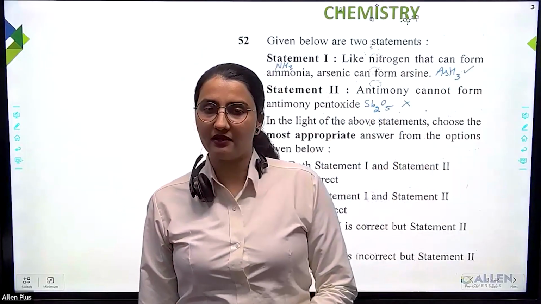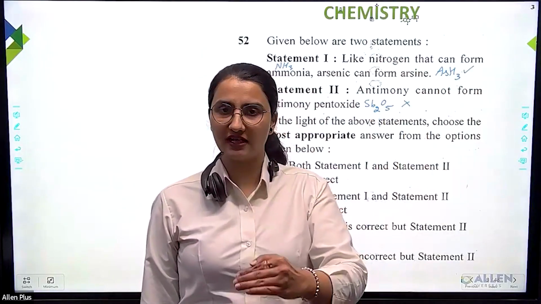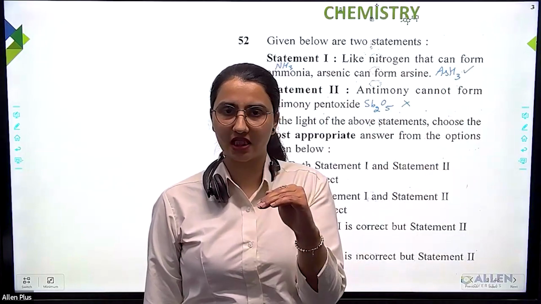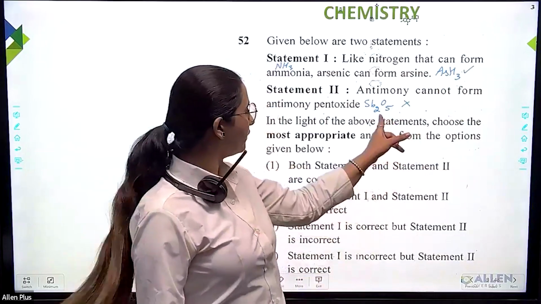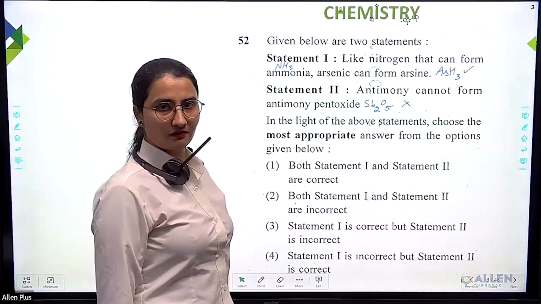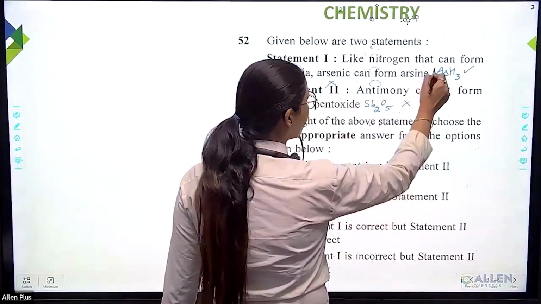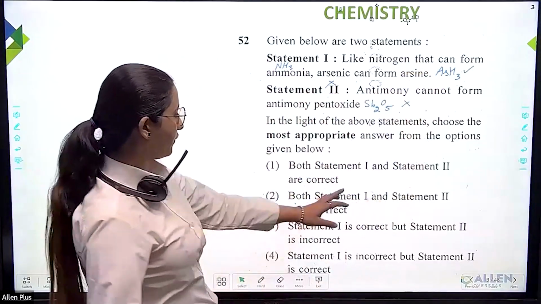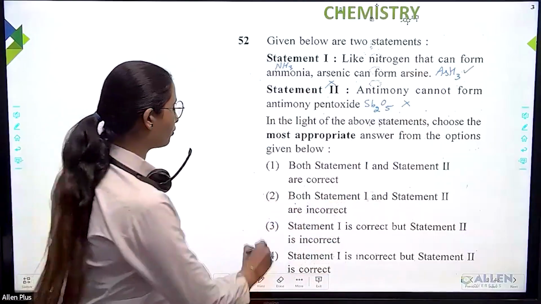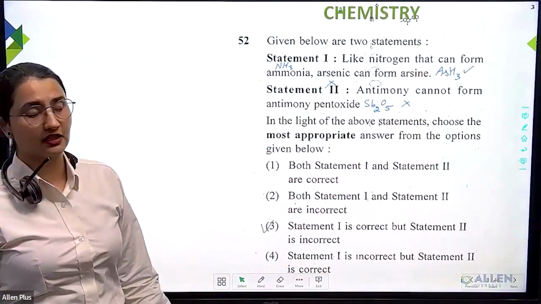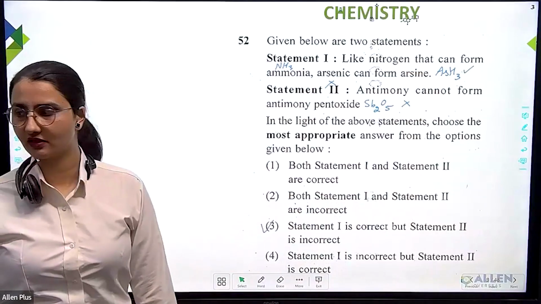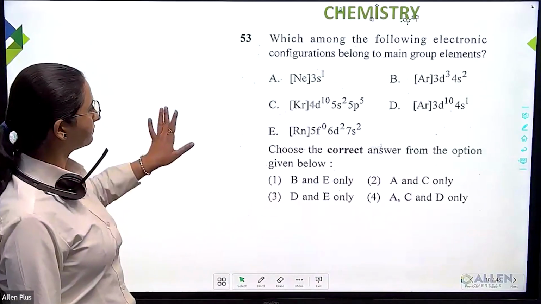Due to inert pair effect, Bi2O5, which is last element of group 15, does not exist. But Sb2O5 exists. So this statement is wrong. Correct. First statement is right. 1 is correct, 2 is incorrect. It's option 3. Fine.